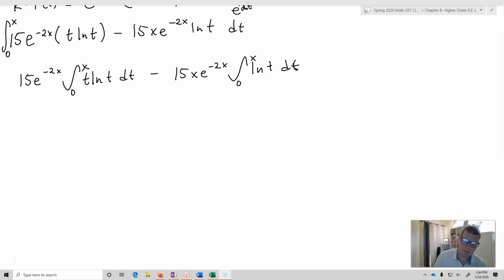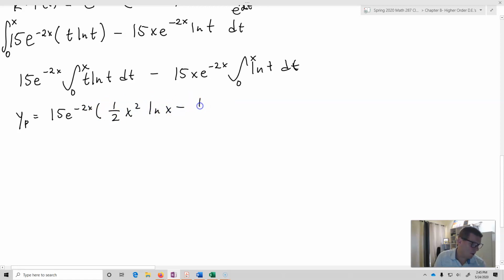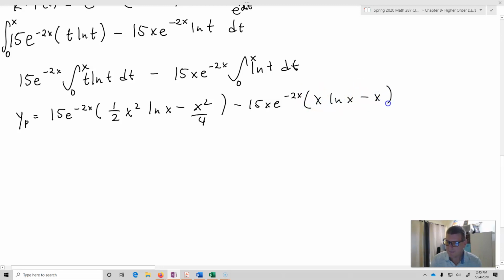This now, our yp, is thus going to equal 15 e to the negative 2x times (1/2 x squared ln of x minus x squared over 4), minus 15x e to the negative 2x times (x ln of x minus x).